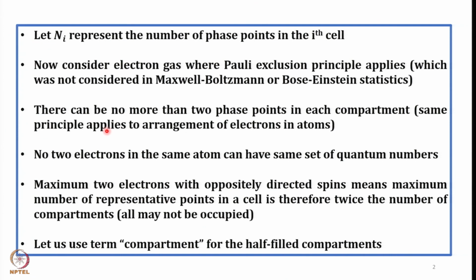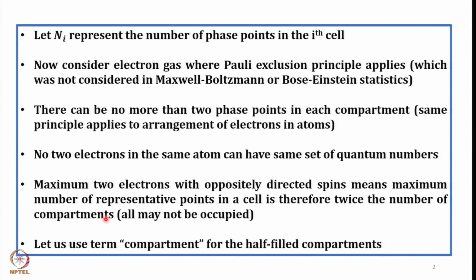That means a maximum of 2 electrons with oppositely directed spins, so the maximum number of representative points in a cell is twice the number of compartments. You can have a compartment in which you can put a maximum of 2 phase points. So if you know the total number of compartments, then the number of representative points in the cell is twice the number of compartments, because each compartment can accommodate 2.